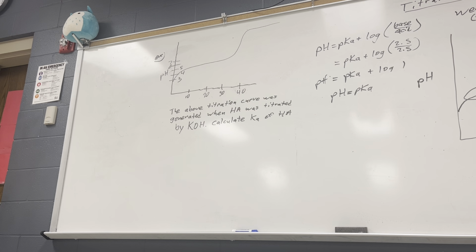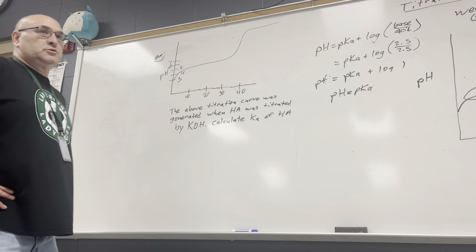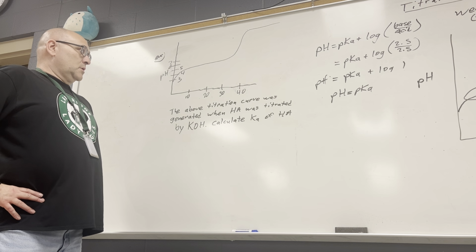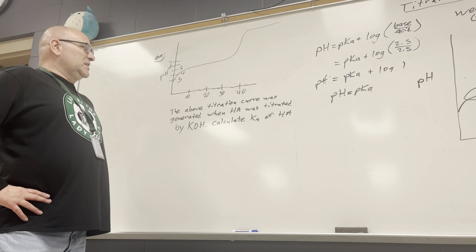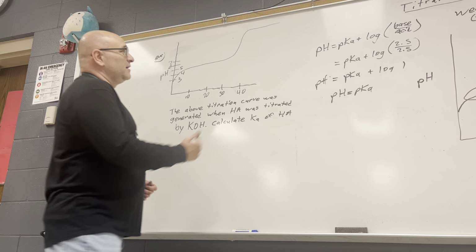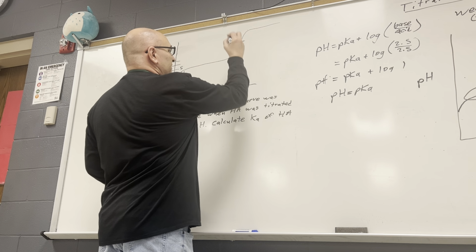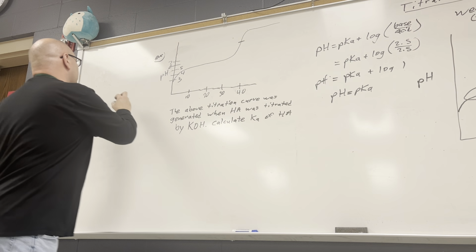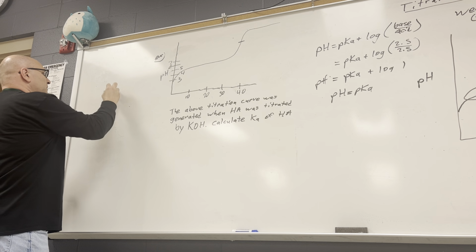Go over it, or do you want to keep thinking about it? All right, let me go over it. Can somebody give me a guess, what's the volume added at the equivalence point? Equivalence point's around here, so it's about 40 milliliters at the equivalence point.